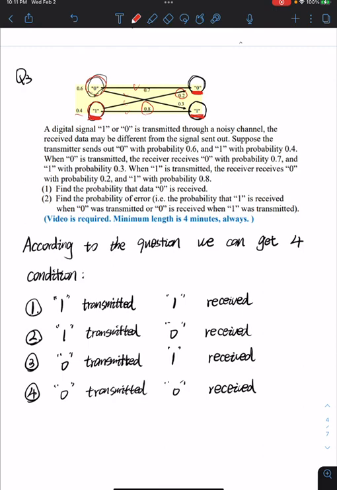The third conditional probability is 0 is received assuming that 0 is transmitted with a probability of 0.7, and 1 is received assuming 0 is transmitted with a probability of 0.3.